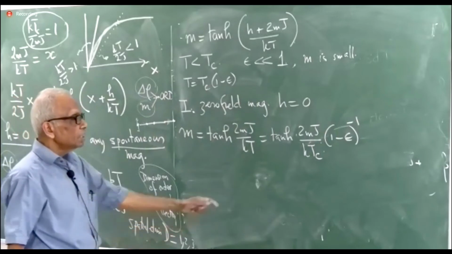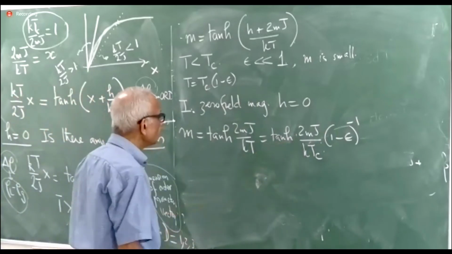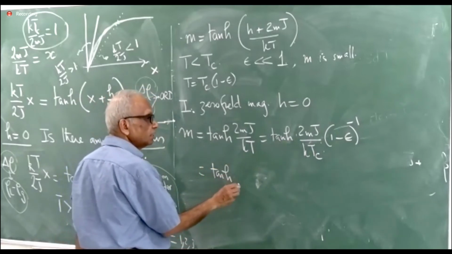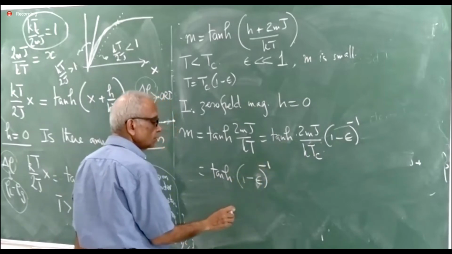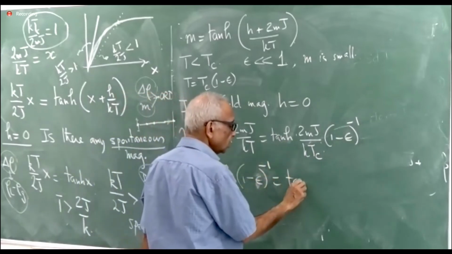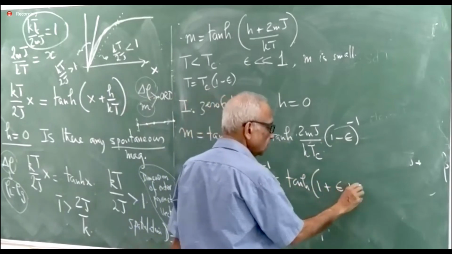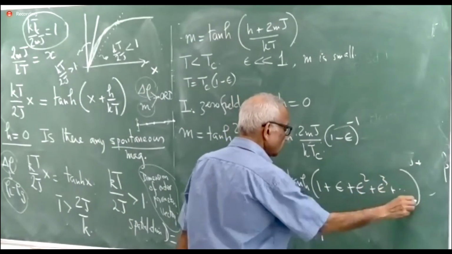But this 2J over kTc is equal to 1, and therefore this is equal to tanh of m times (1 minus epsilon) to the minus 1, which is tanh of m times (1 plus epsilon plus epsilon squared plus epsilon cubed, and so on).